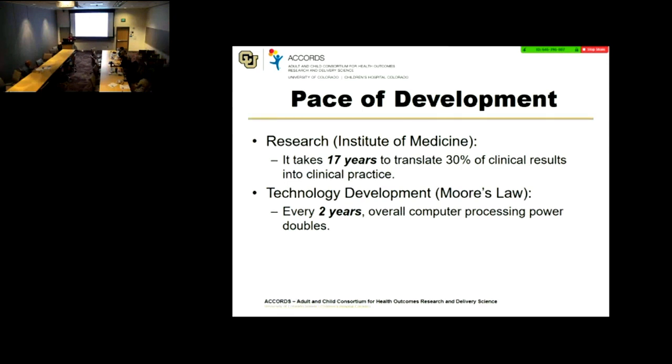And as that happens, things get smaller, things get faster. Every 2 years since the 1960s, still proving true, still hasn't been broken. So, which means that the pace of development in technology needs to be pinned very close to that 2-year period. That leaves a 15-year gap in between traditional research timeframes and mobile and digital health that we as investigators have to figure out how to close.